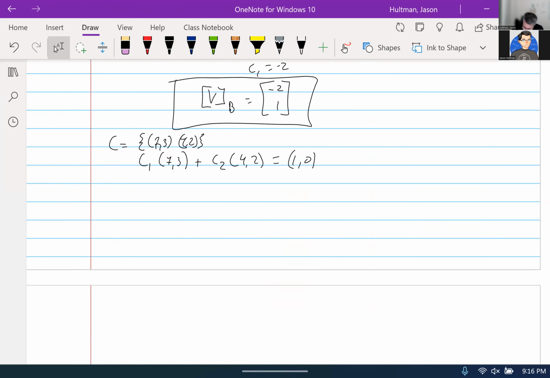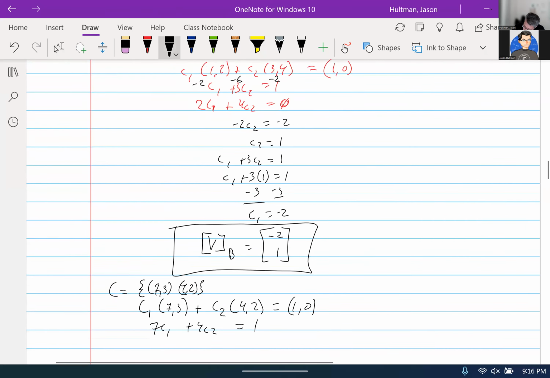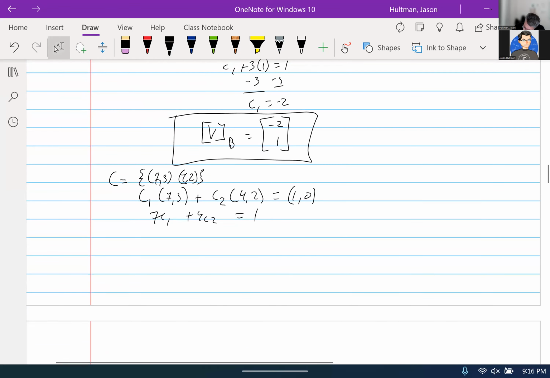Okay, and so we get 7C1 plus 4C2 is equal to 1, and 3C1 plus 2C2 is equal to 0.